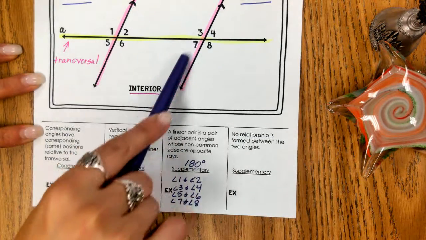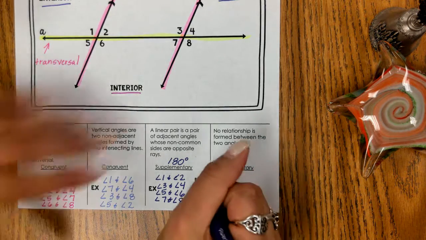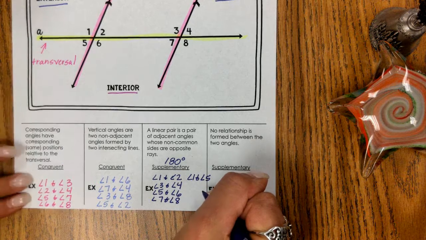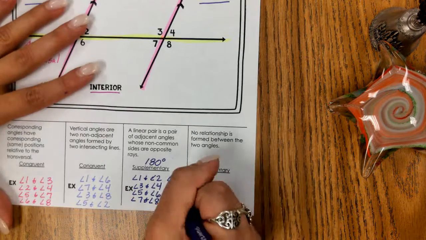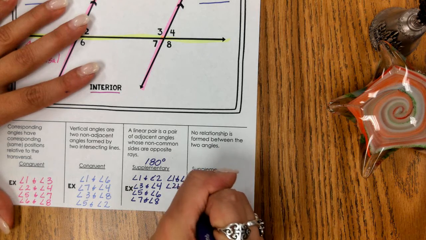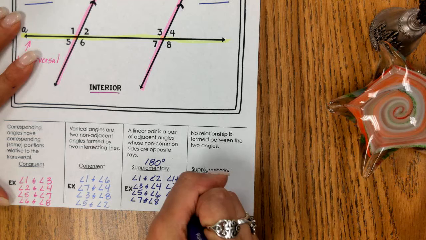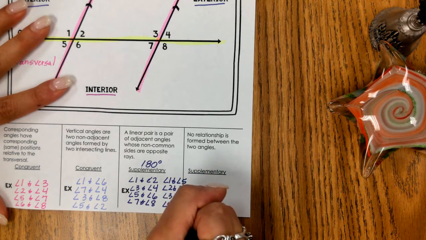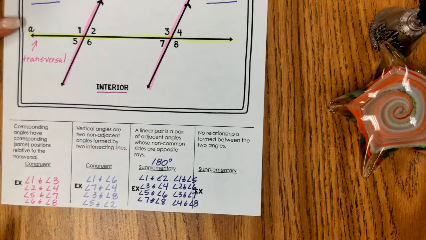So what are we missing here? 1 and 5. Go down the line. What else? 2 and 6. 3, 7. 4 and 8. So you should have 8 of those linear pairs.